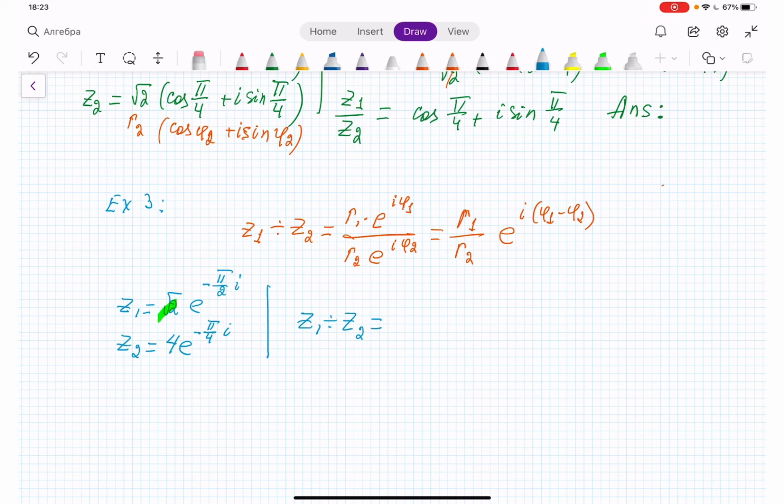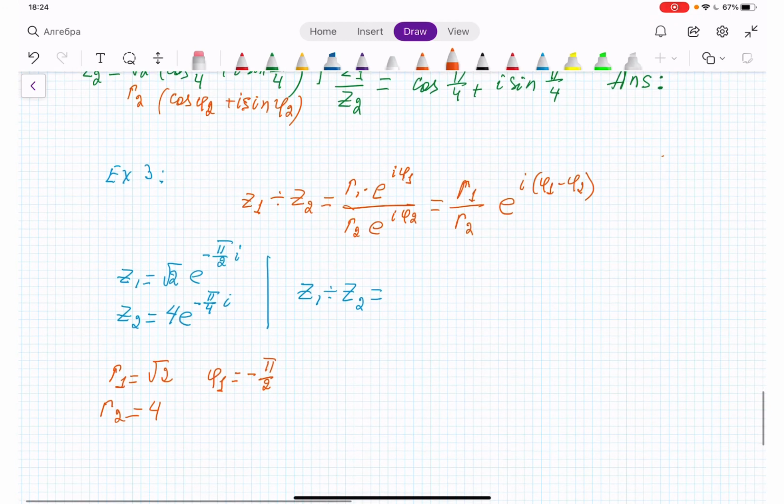Let me clean this. So this is my r1: r1 is square root 2, r2 is 4, phi1 is negative pi over 2, and phi2 is negative pi over 4.